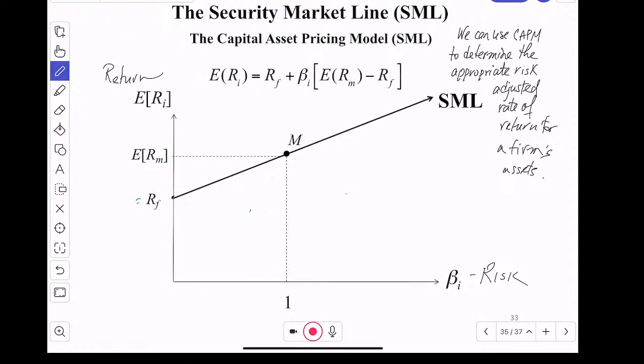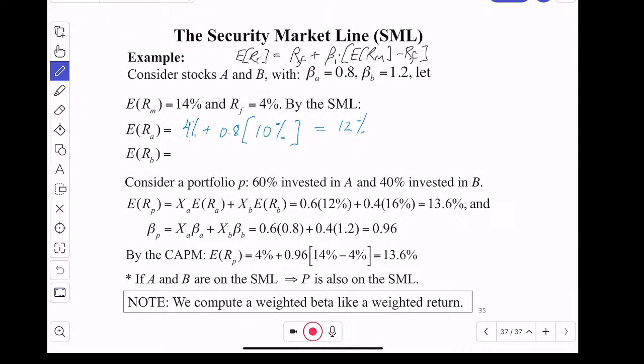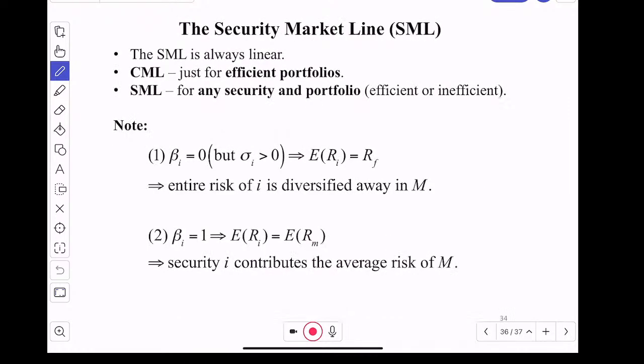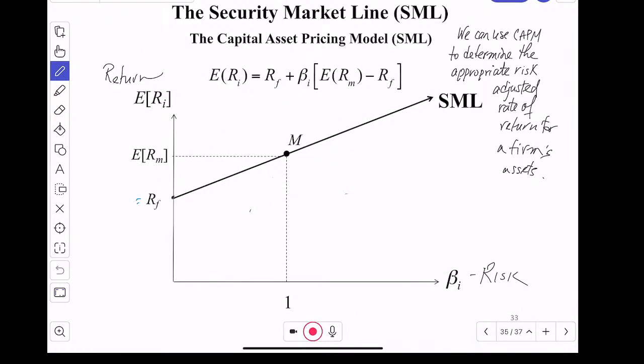RF, you were told that the risk-free rate was 4%. The market portfolio had a 14% return. And then we have asset A with 0.8 as its beta.